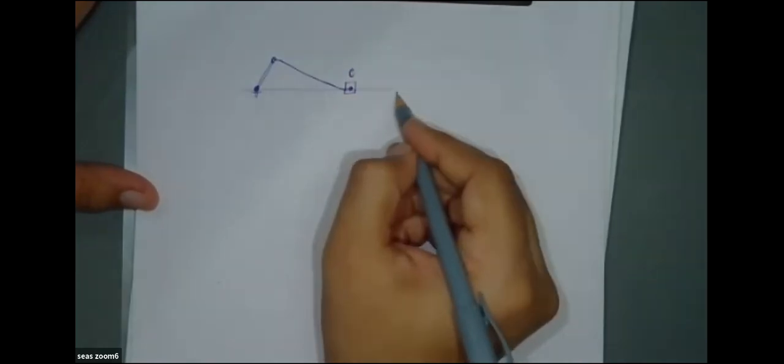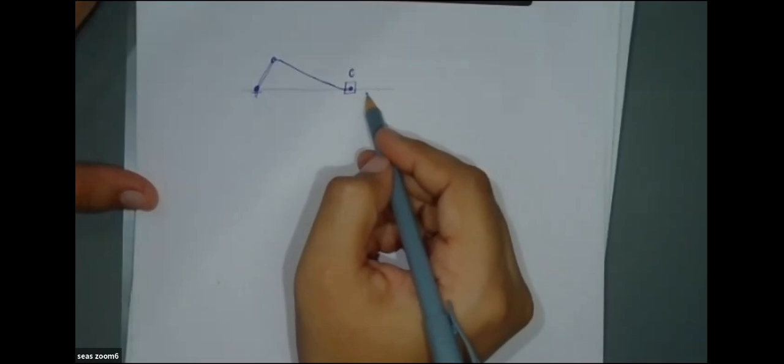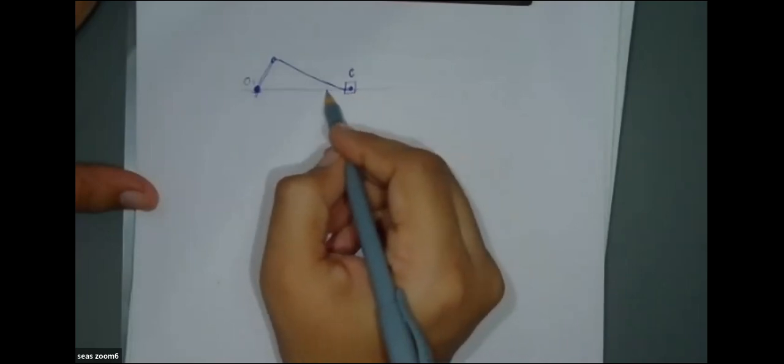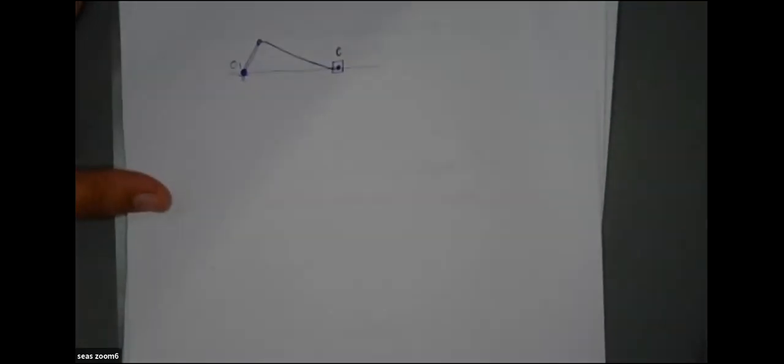Okay. So if the path of this wrist pin C is in the same line as this crank pin, so when this path of C is in same line with the crank pin O, then we say that it is inline slider crank mechanism.